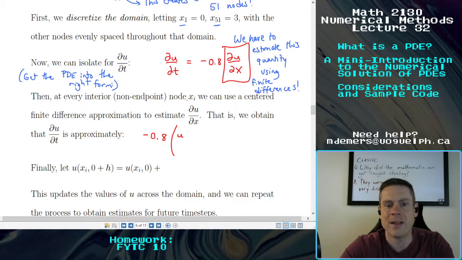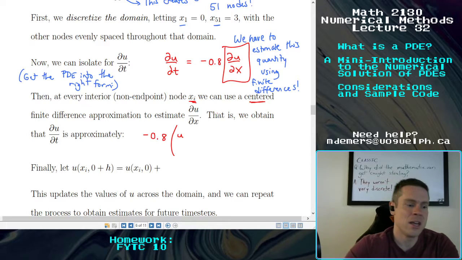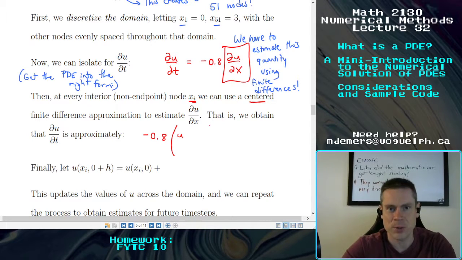But we're talking about at the node xi, if I were to use a centered difference approximation, because we know that that's generally a nice approach where the error shrinks quicker as the step size decreases, I'm going to go forward a step. Forward a step. And I guess we're at time 0. So I'm going to say 0 to begin with.